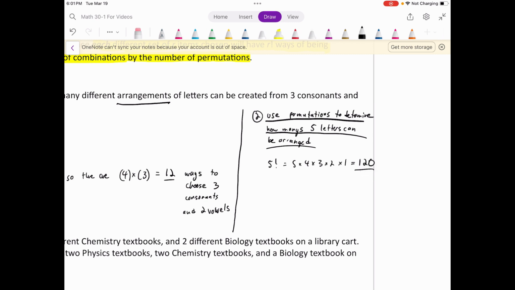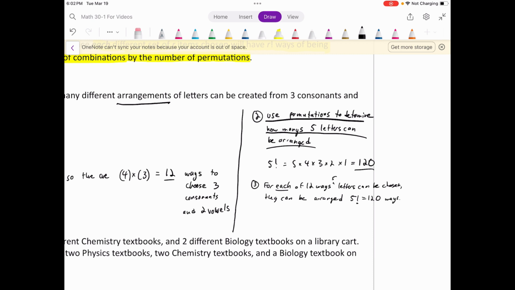So we could say step 3, for each of the 12 ways the letters can be chosen, they can be arranged. The 12 ways 5 letters can be chosen, they can be arranged 5 factorial or 120 different ways.